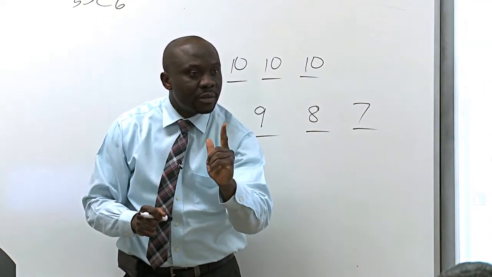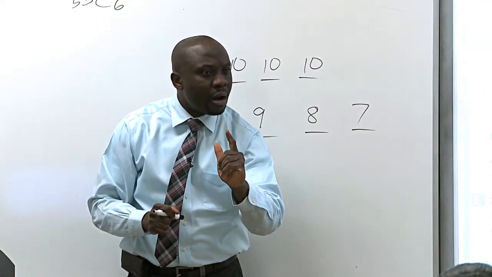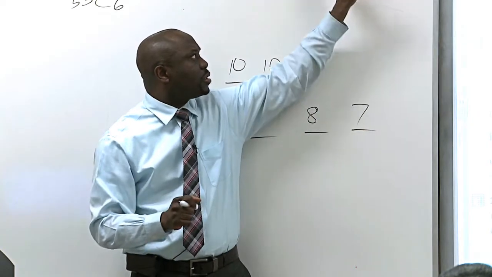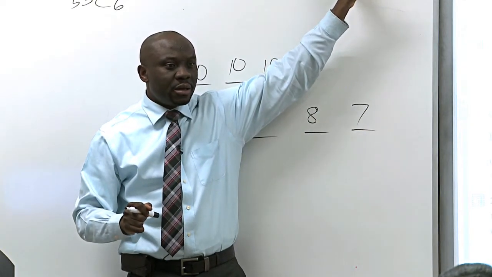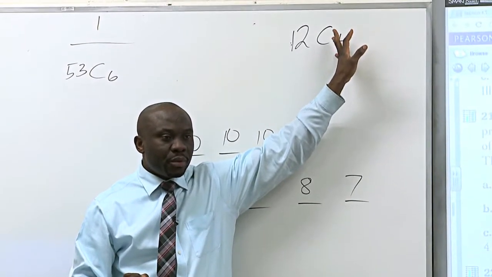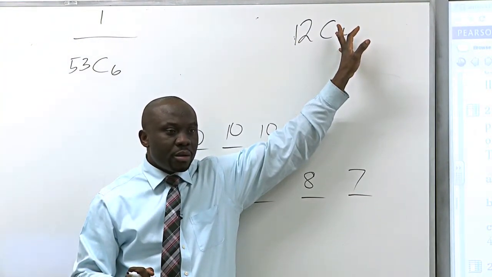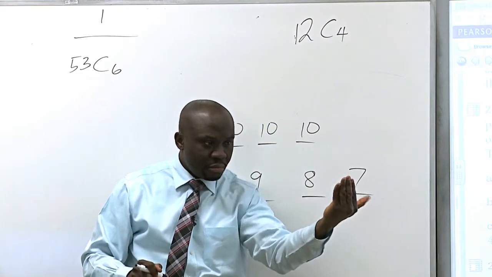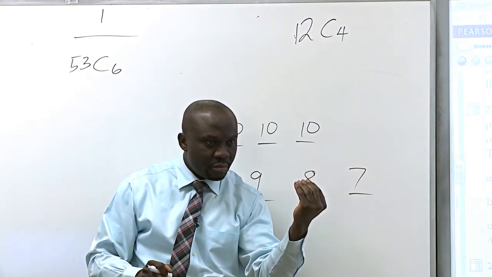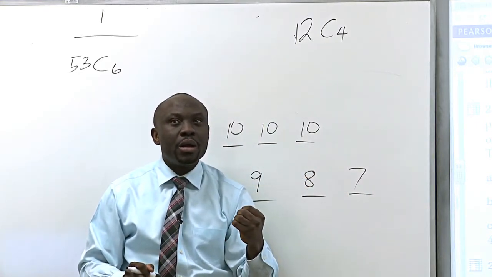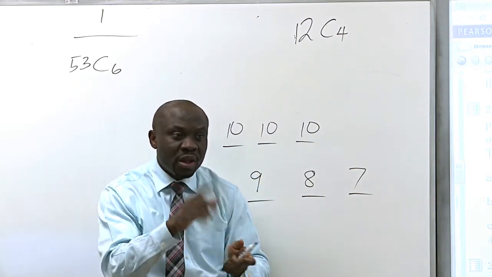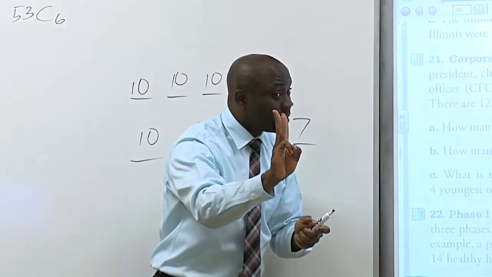It's more than 4 ways. How do you know? This is not the number of ways. There's 4 open positions, but you have a president, CEO, and a CFO, so that's 7 positions. Oh no, we don't combine both of them. The company is doing 2 things.